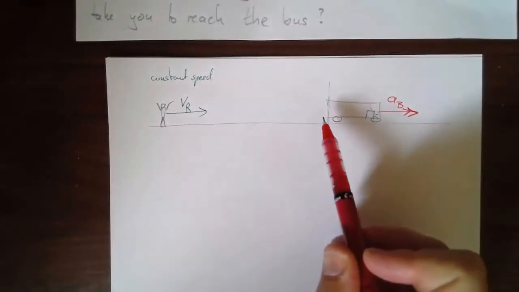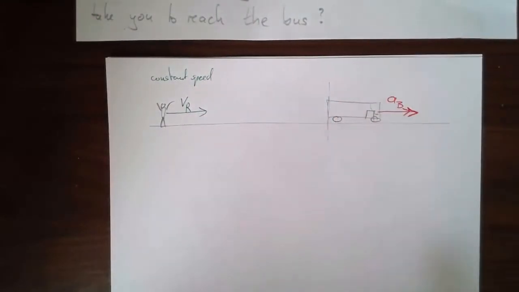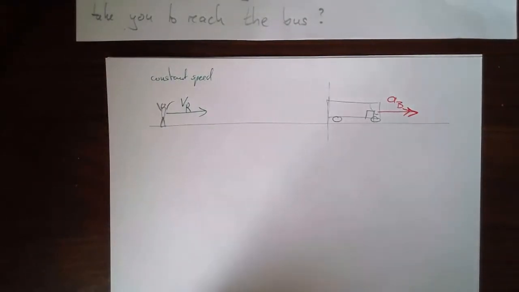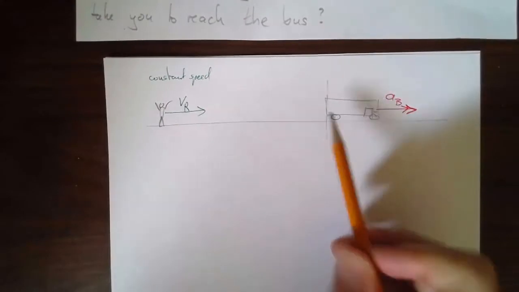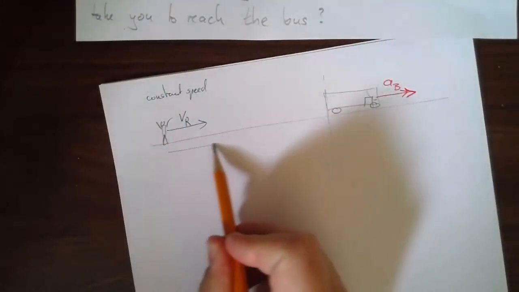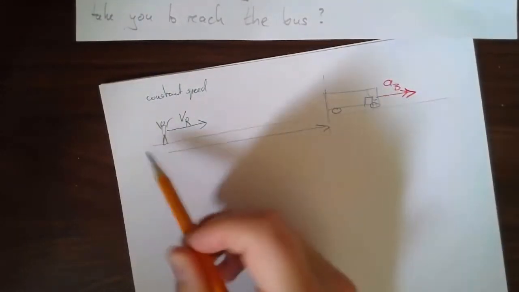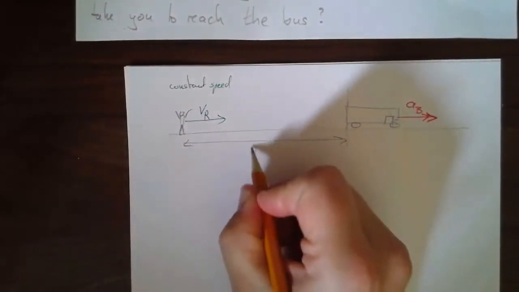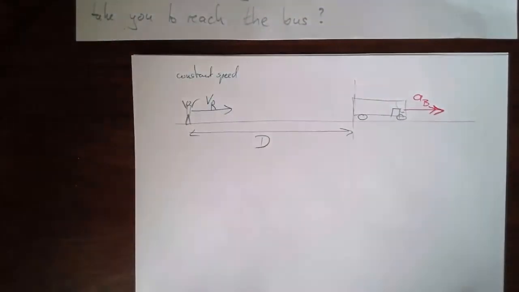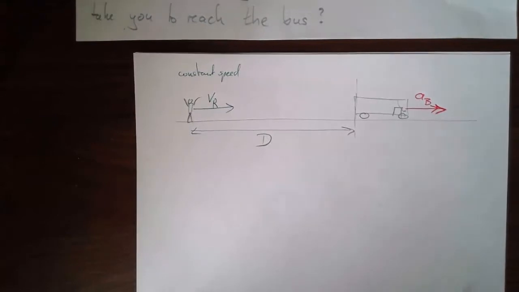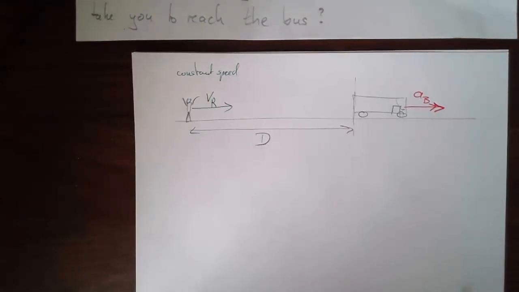So I want to run, and I want to reach the back bumper. The question is, well, how far can I be away? Right, that's what it's asking us. How far can I be away from the back of the bus? So what we're asked to express in terms of those two is this distance here. This is my distance d. All right.